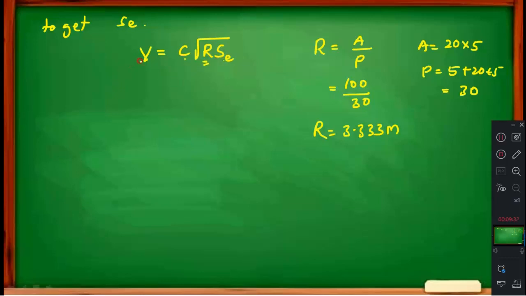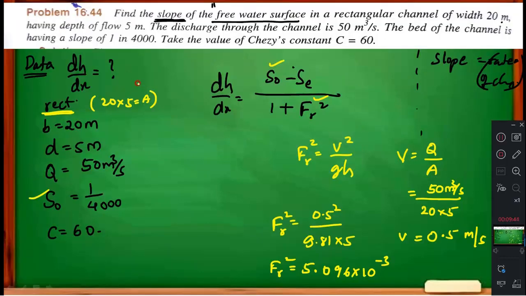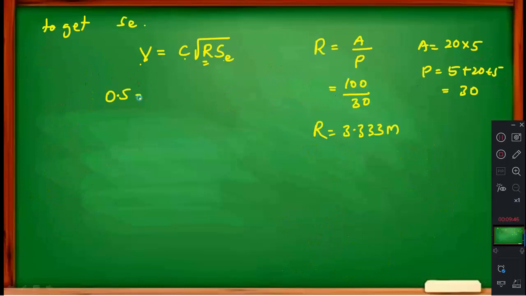C is known, V is known. Substitute everything and get the answer. What is V equal to? V is 0.5 meter per second, just calculated, correct? And C is equal to the given 60. Root R means 3.3333, and SE is unknown.